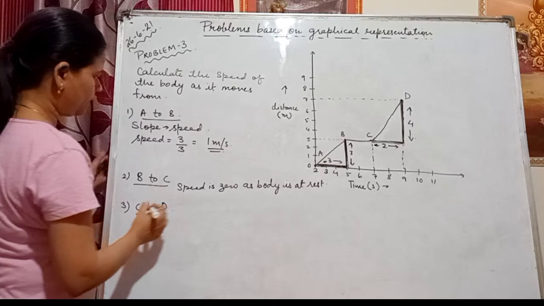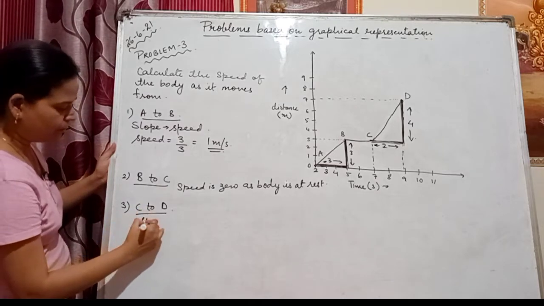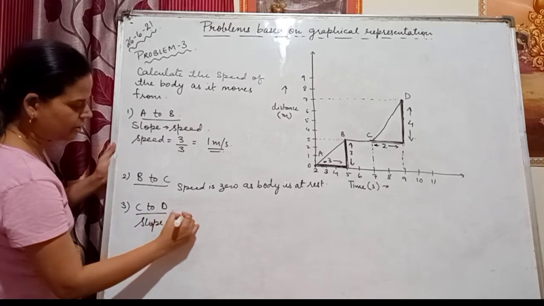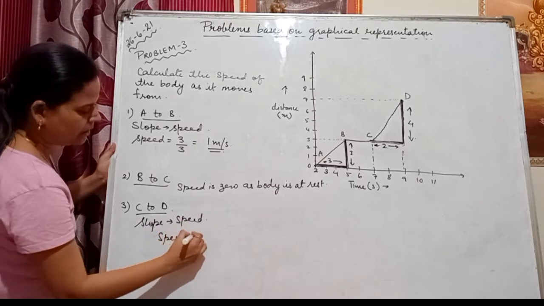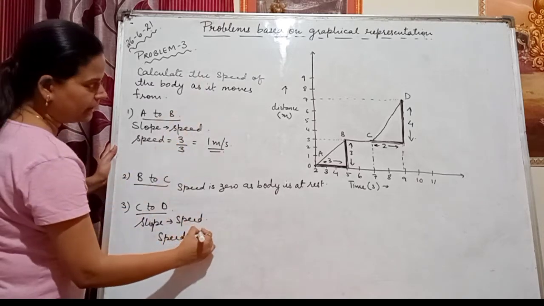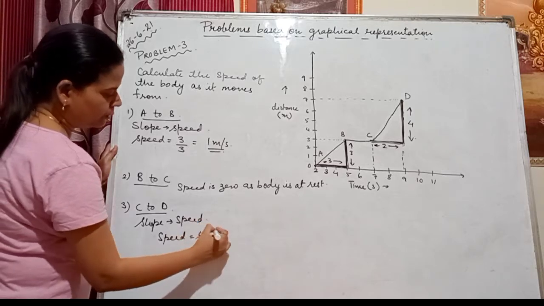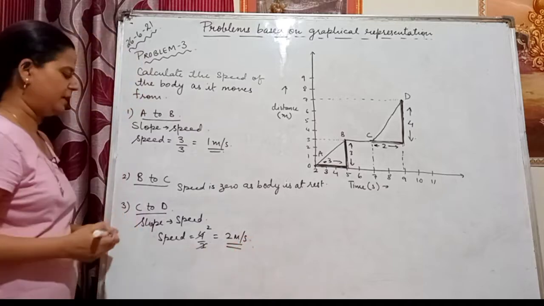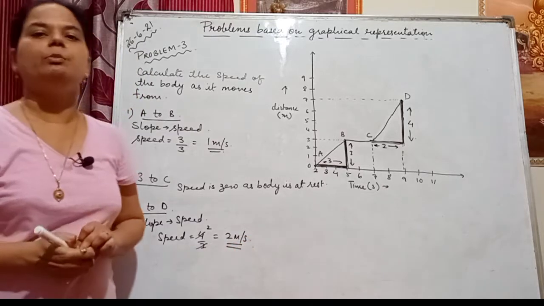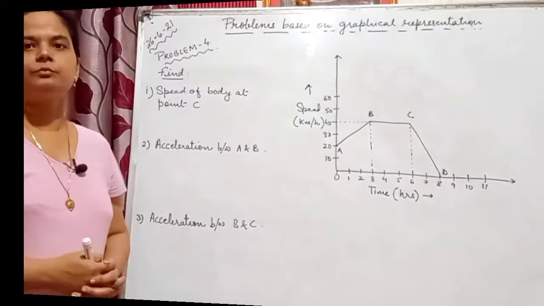Slope of the graph represents speed, and speed is perpendicular upon base, that is 4 upon 2, which is 2 meters per second. So speed between C and D is 2 meters per second.